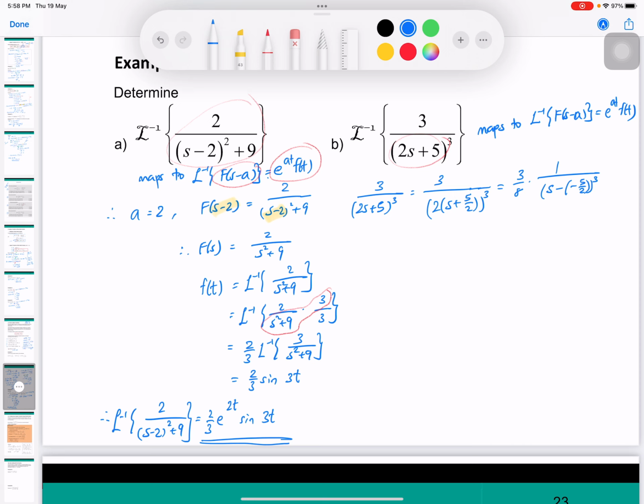So now this thing can be mapped to inverse Laplace of f of s minus a.